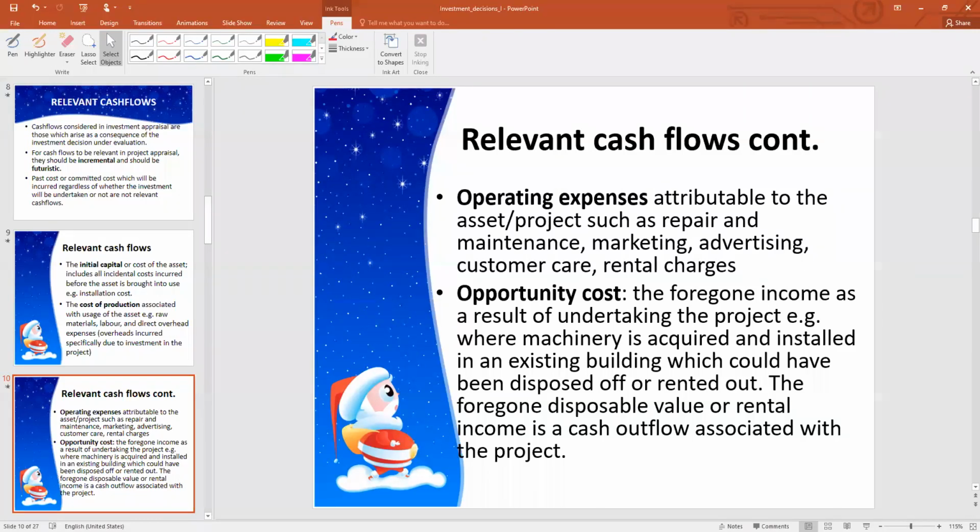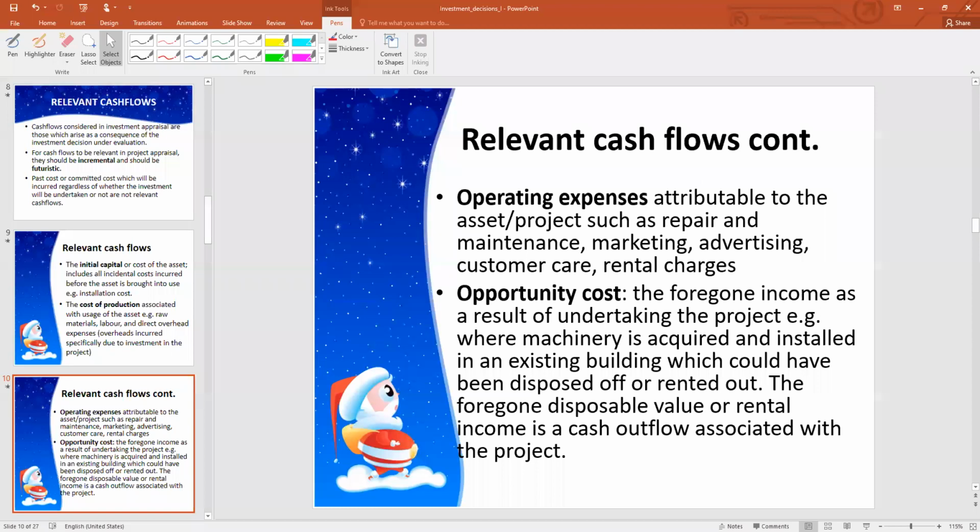The repair you'll be incurring along the way, the cost of fuel you'll be incurring, and the rent you pay. This machine needs to be installed in a new factory, and for the new factory you have to pay, for example, rent charges. So all will be part and parcel of the cash flow that we ought to consider.